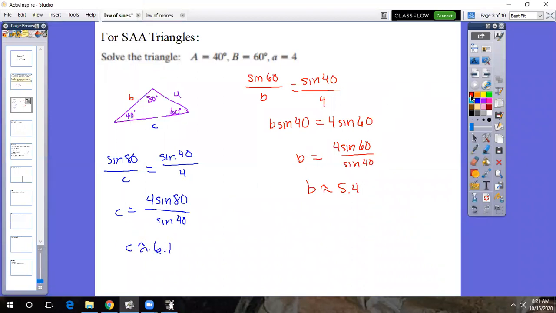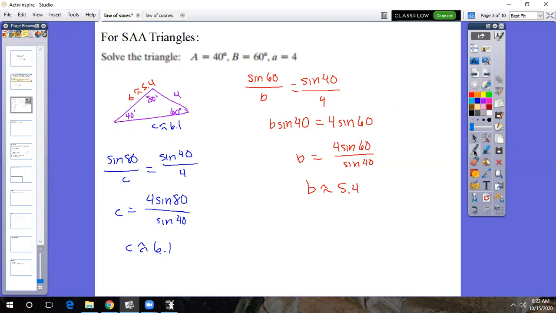So up here on the triangle, I've got that B is approximately equal to 5.4, and that C is approximately equal to 6.1. When you get to the end and you've got everything in your triangle solved, a quick thing you should do before you move on is make sure that your answers make sense logically for the problem.